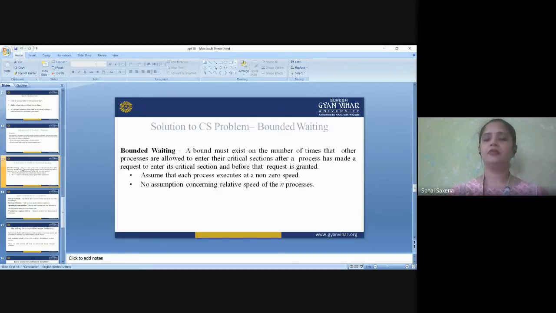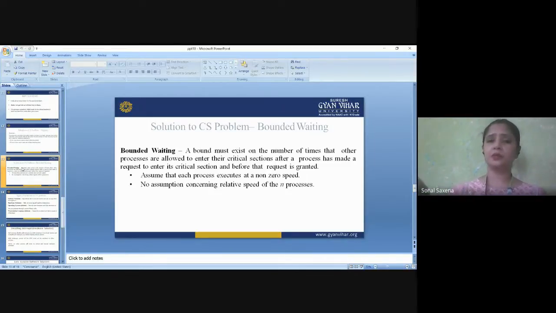So see, every process has a bound on how long it should wait and how many times it should get executed. This should not be the criteria: let's say there is a process X, and every time it requests to get inside the CS, it is always allowed to enter. Let us assume that it has already run 4 times, and even for the fifth time it requests to get executed, the CPU allows the process to enter the critical section.